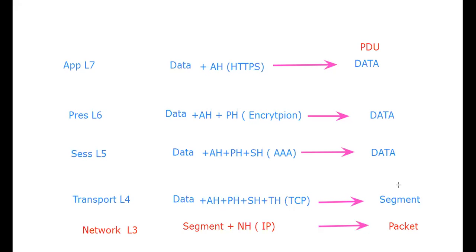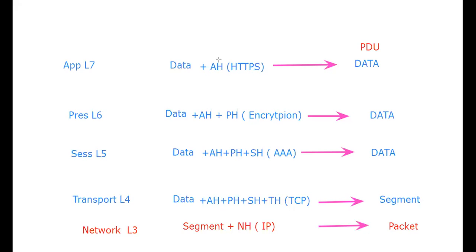For application, presentation and session, the PDU name is data. When it reaches the transport layer, the name is segment. Then the segment comes to the network layer, adding the network layer header, for example IP. Don't think only IP, there are many; it's just an example. Then the name we call it is a packet.